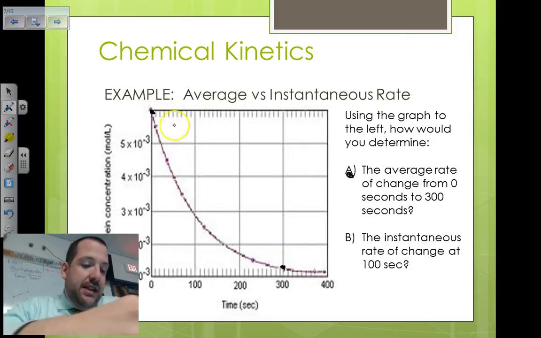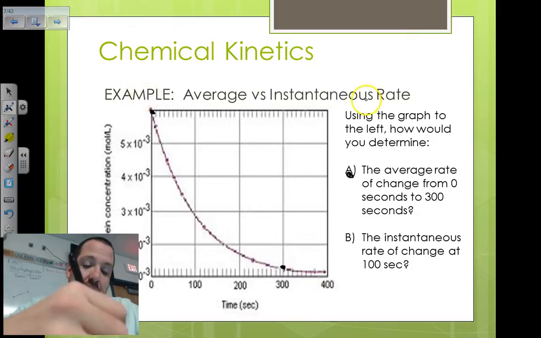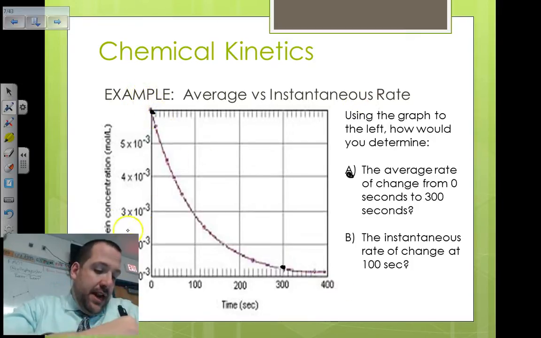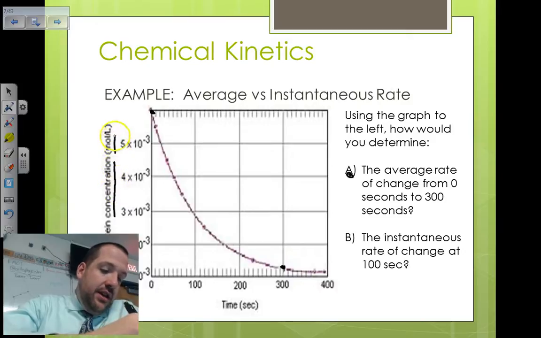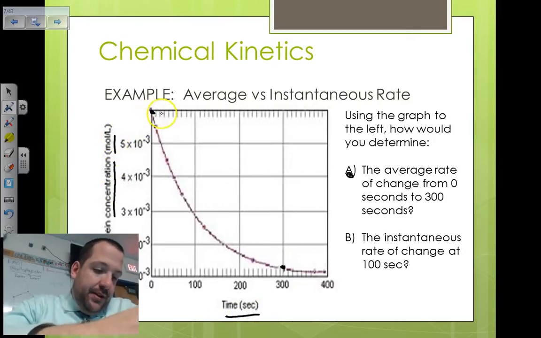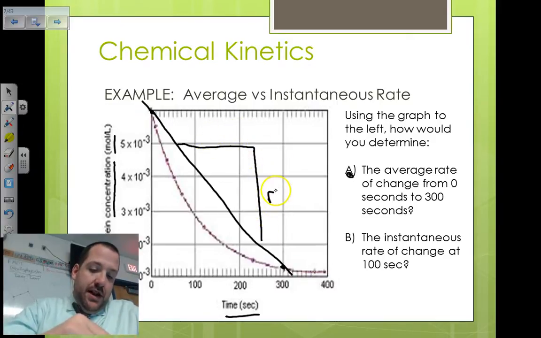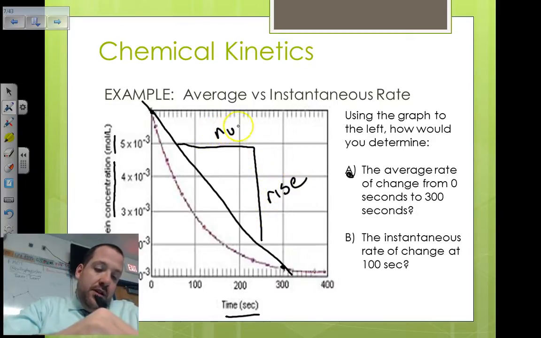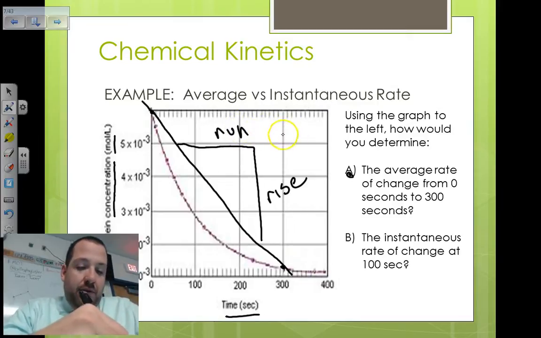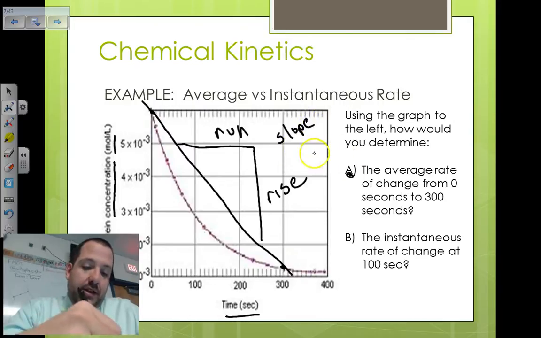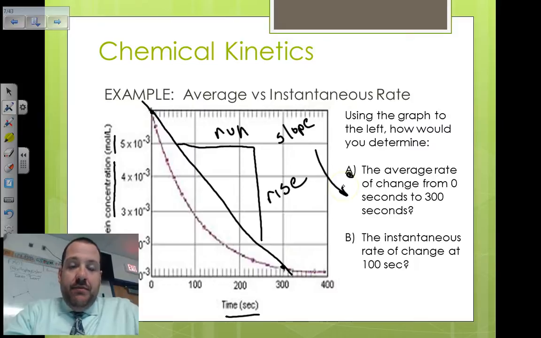If we're going to calculate the average rate, now we're talking about the reaction, like its concentration in moles per liter per time, the average will be just draw a line and find the slope. That slope, the rise over the run, is going to be the average rate of change.